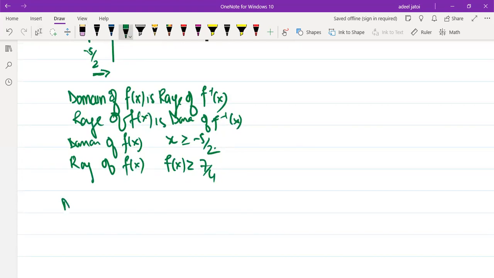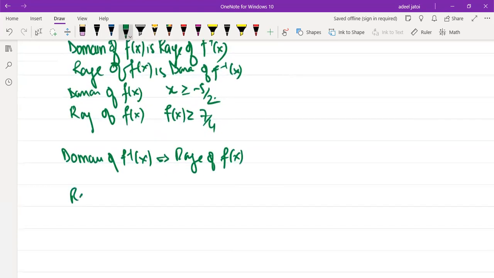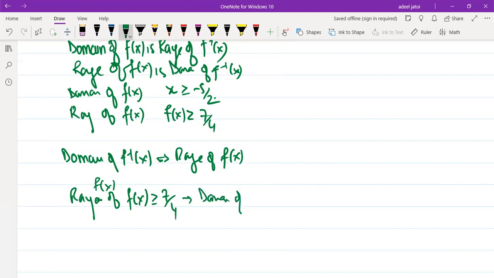The range of f(x) is f(x) greater than or equal to 7 upon 4. So the domain of f inverse of x will also be greater than or equal to 7 upon 4.